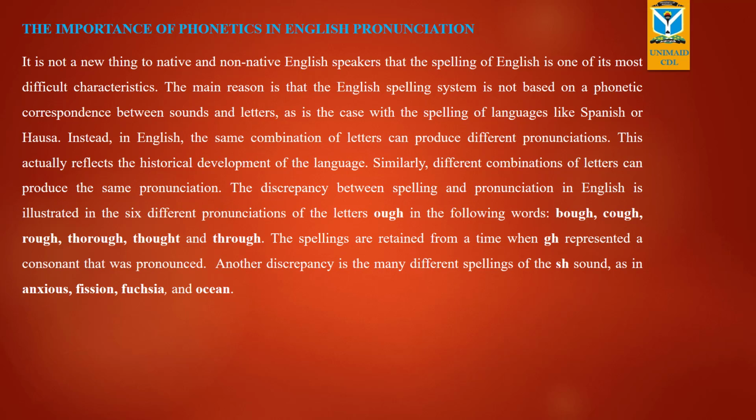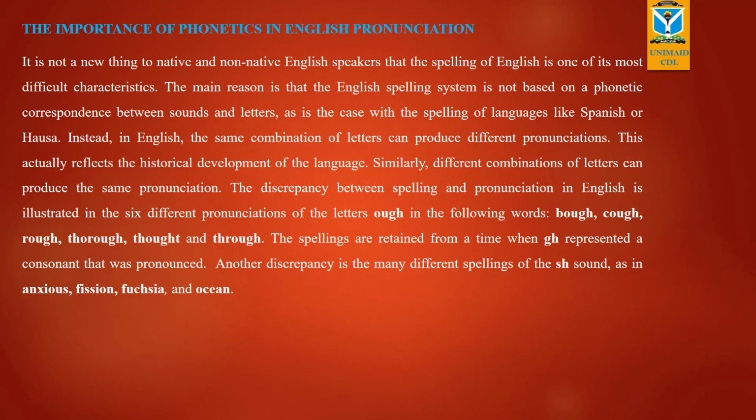Here, the discrepancy between spelling and pronunciation in English is illustrated in the letters GH, for instance. That is when you have some words like buff, calf, rough, throw, tough, and full. Here, the spellings are retained, where GH is represented as a single consonant and then pronounced.